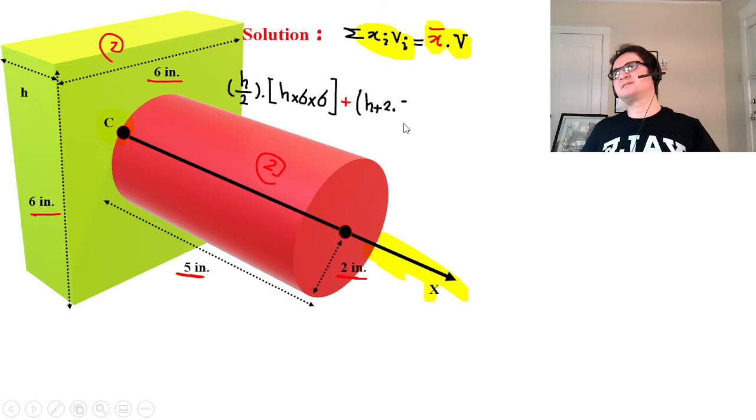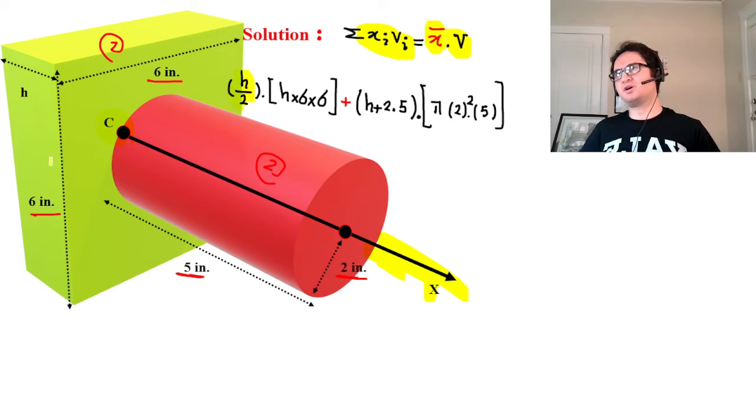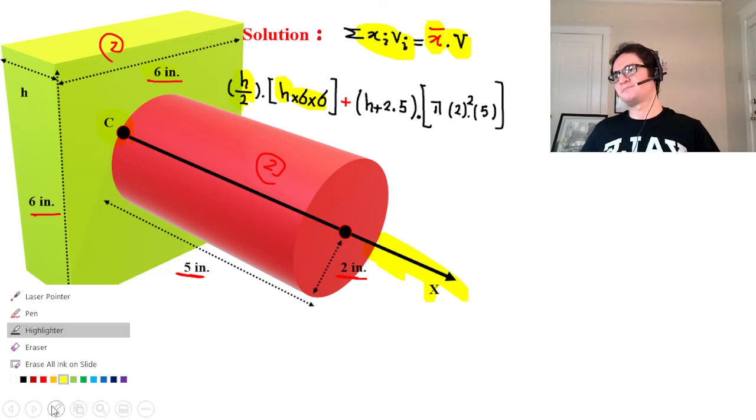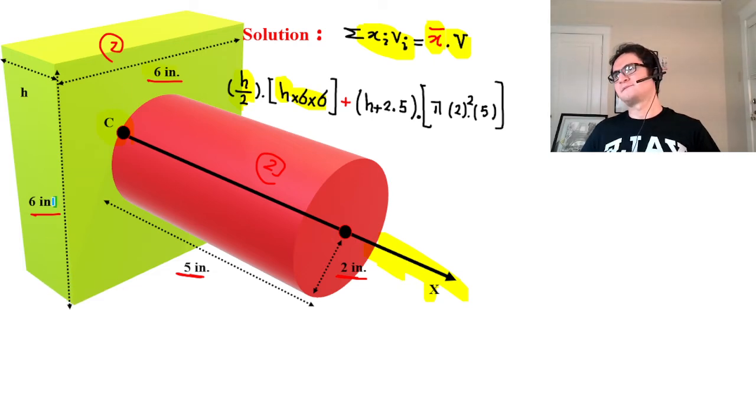In that sense, we can say the centroid for the cube itself is h over 2, as we said, times the volume, 6 times 6 times h.